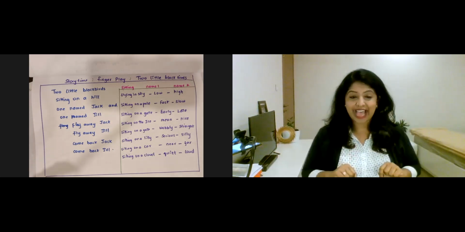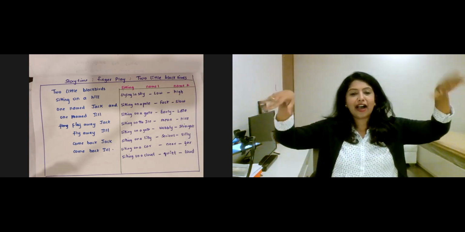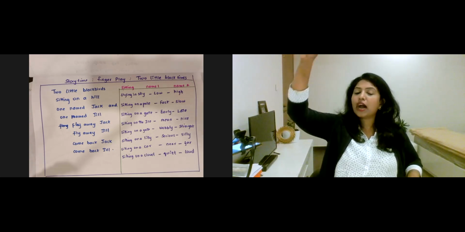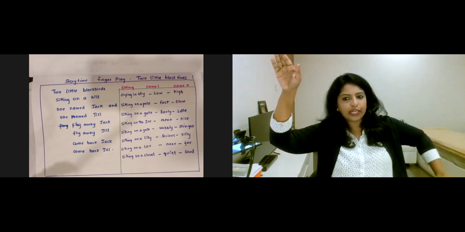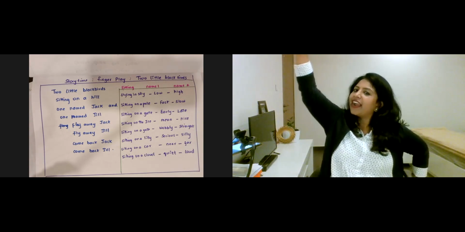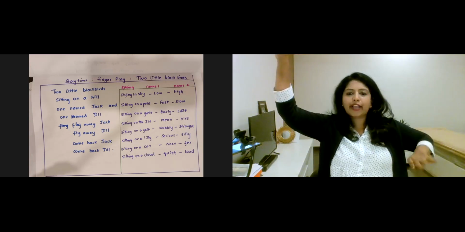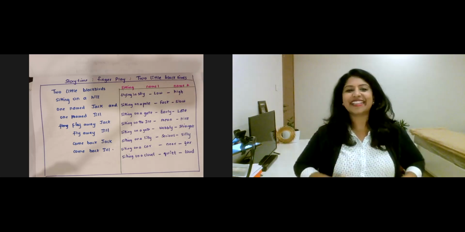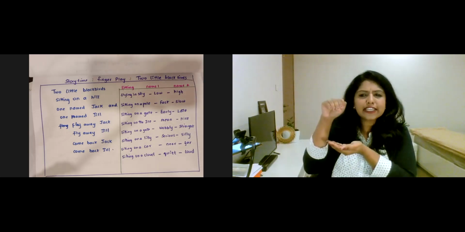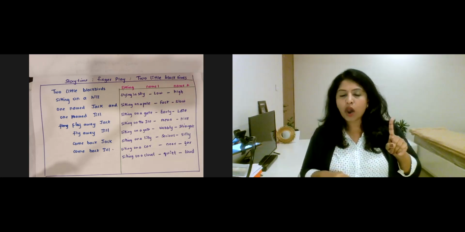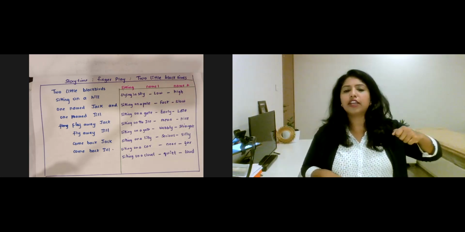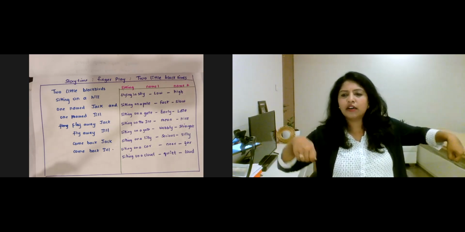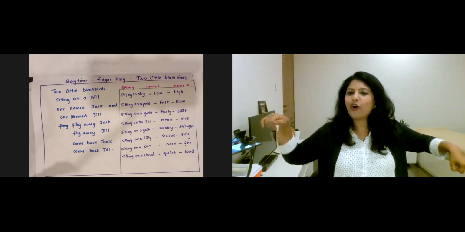Two little blackbirds flying in the sky. One named low, the other named high. Fly away low, fly away high, come back low, come back high. Two little blackbirds sitting on a pole, one named fast, the other named slow. Fly away fast, fly away slow.